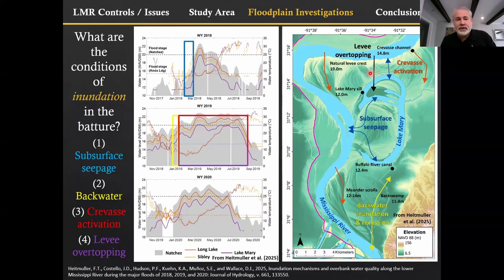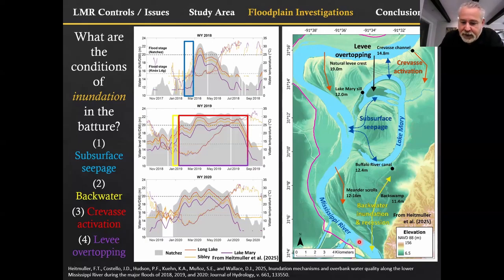So the overall sequence that we see here begins with subsurface seepage into these lakes, backwater inundation where water temperatures were relatively high, and then cold water that began to flow vertically over these different natural levees, basically decreasing the water temperatures in the floodplain and then back out to the channel.